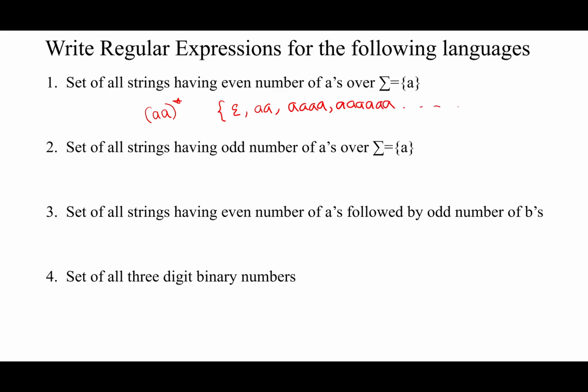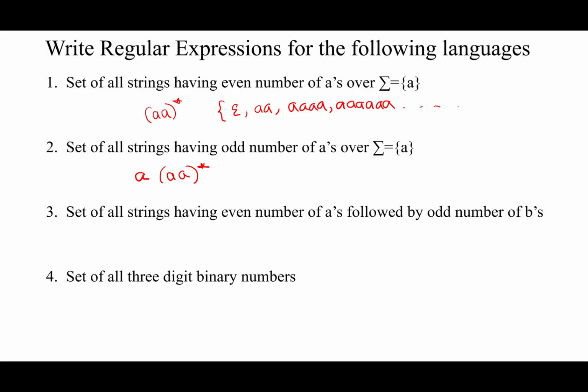The next one, the set of all strings having an odd number of A's over sigma equal to A. So we can write first A, which should be a constant, then (AA) the whole star. Why are we writing (AA) the whole star?